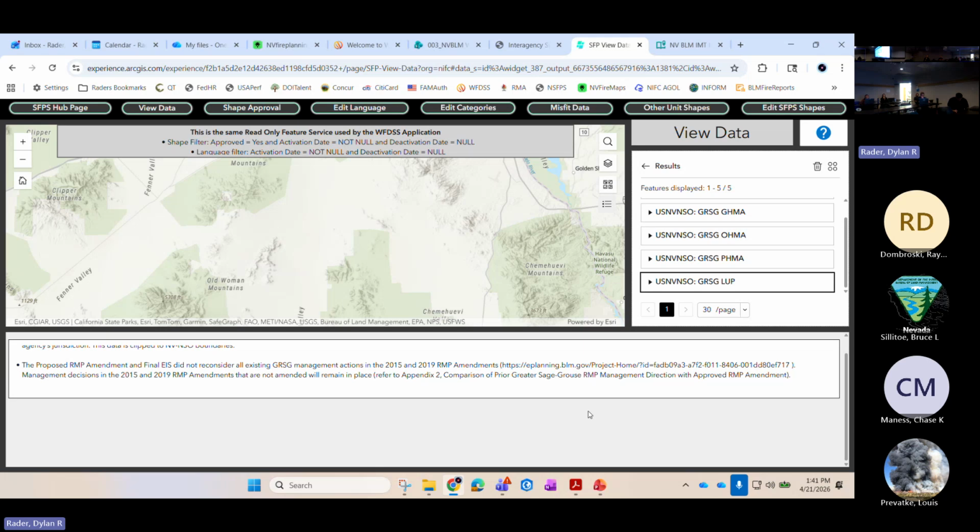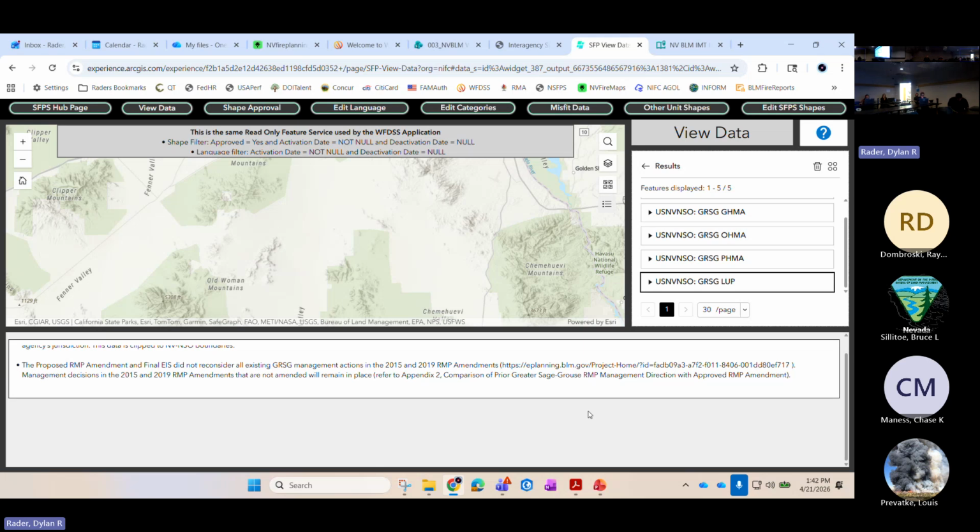You'll have unit-wide fire information updated through the unit-wide data, and you'll have subunit, non-overlapping, specific fire management direction for each of those polygons as well. That would do away with our need to do FMPs entirely, and everything would be spatially driven in the Spatial Fire Planning Service, and we would accomplish the exact same thing.